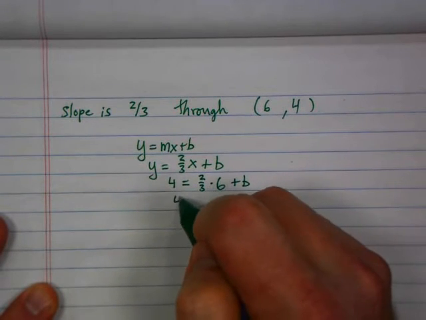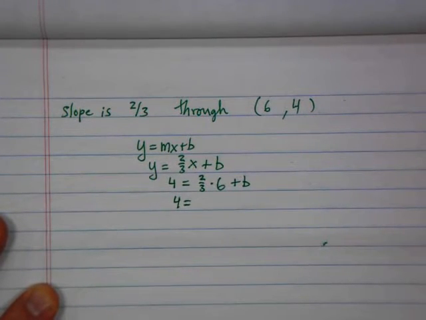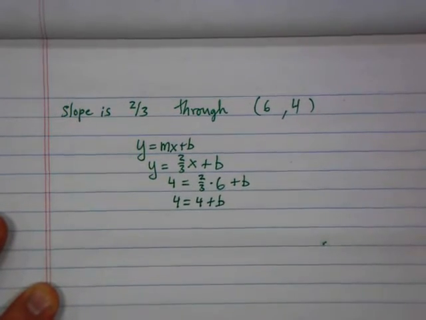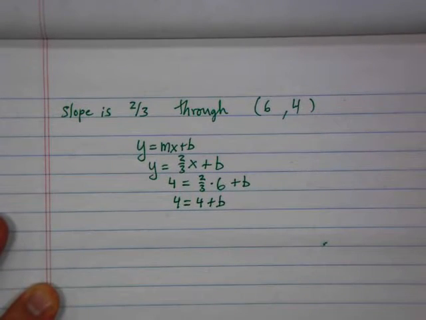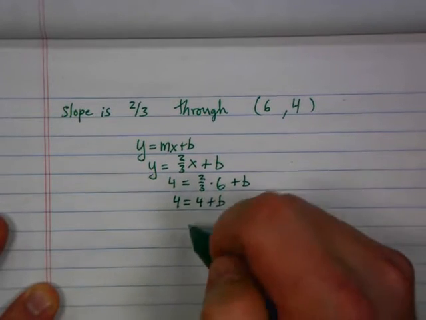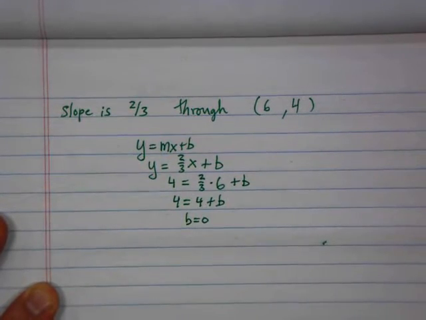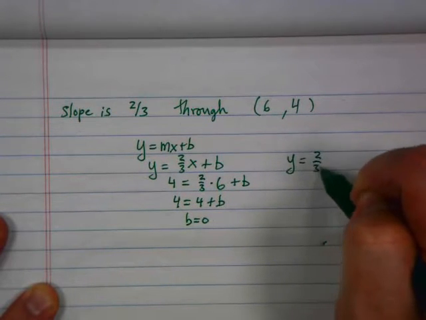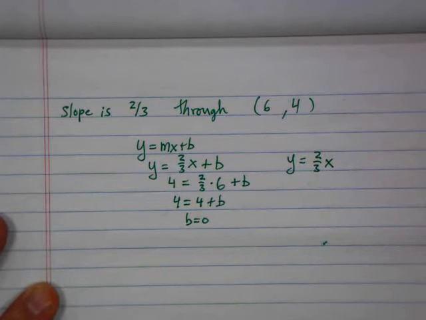So 4 is 2/3 times 6, which happens to be 4. Subtract 4 on both sides. B is 0. That can happen. B can be 0. That just means your y-intercept is at the origin. Y equals 2/3 x would be our final answer.